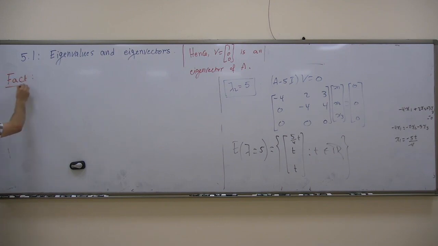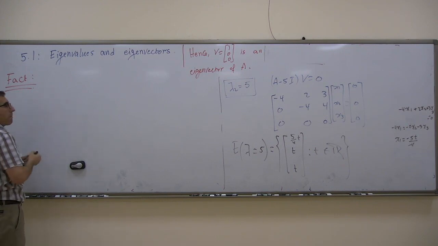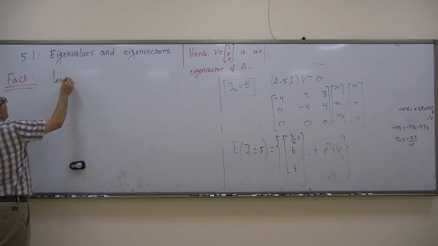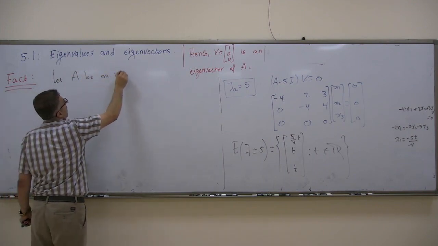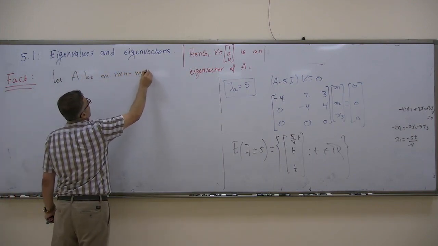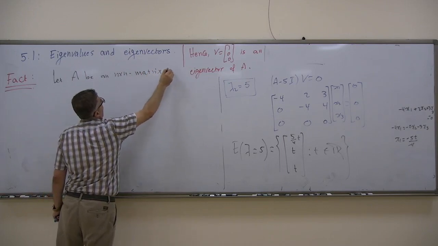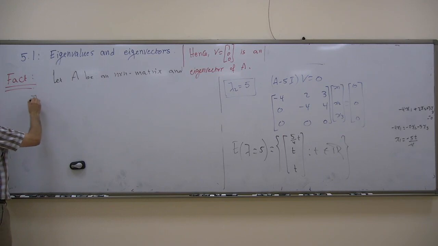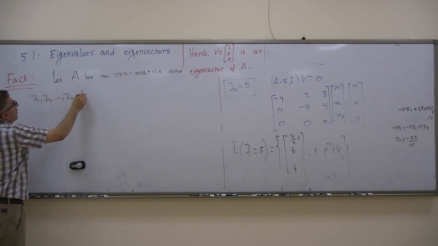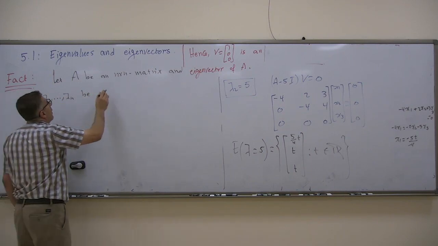Fact: let A be an n by n matrix, and lambda 1, lambda 2, lambda n be eigenvalues.